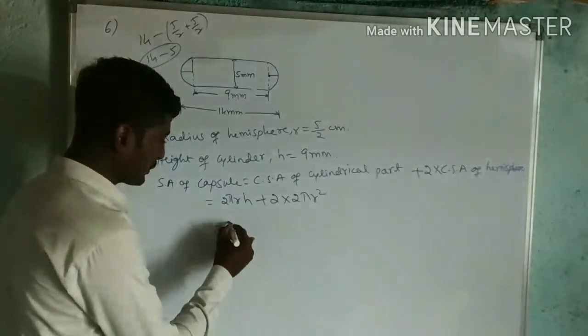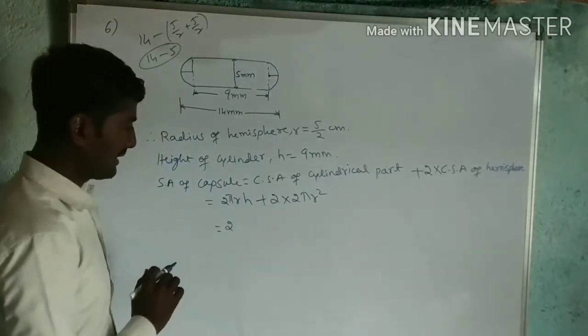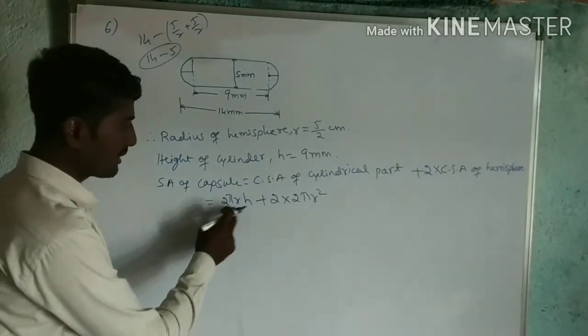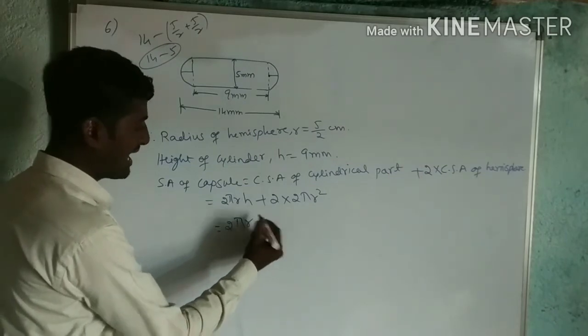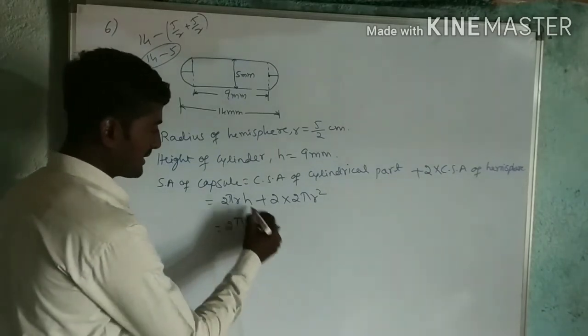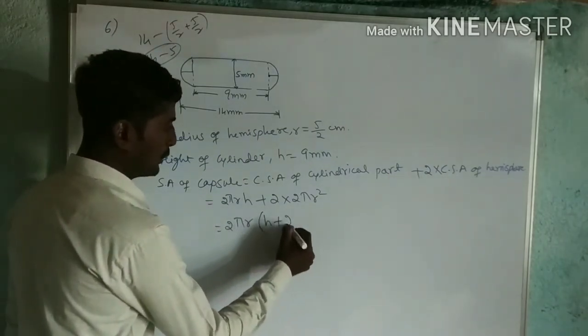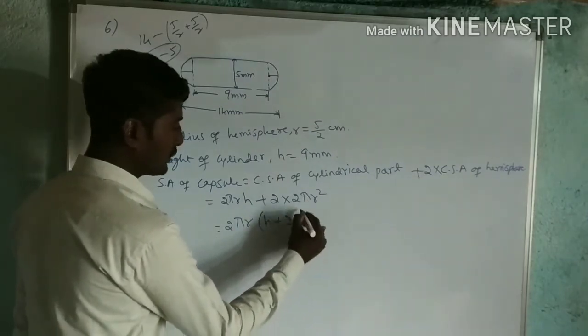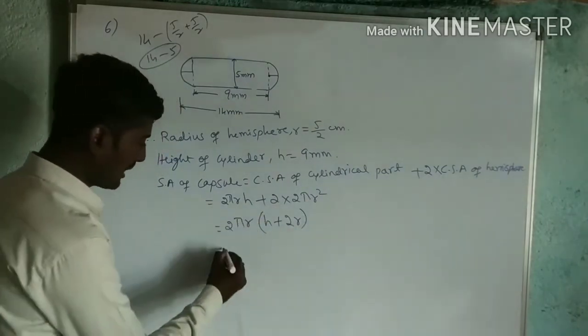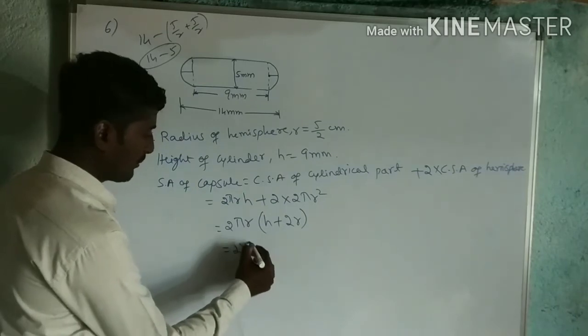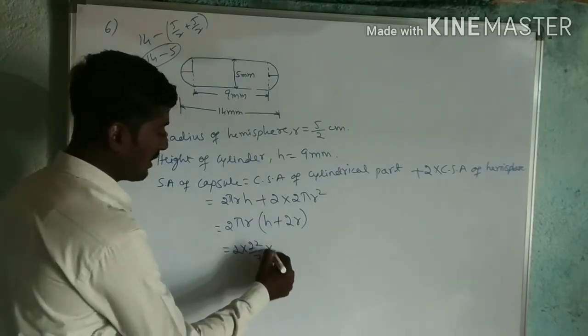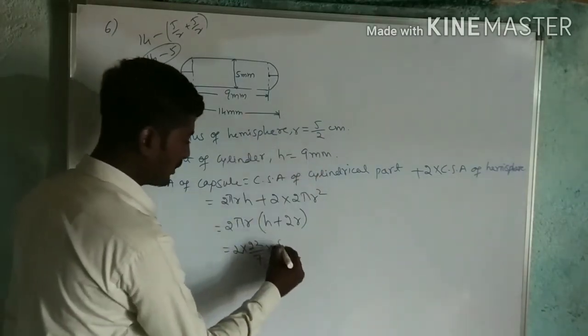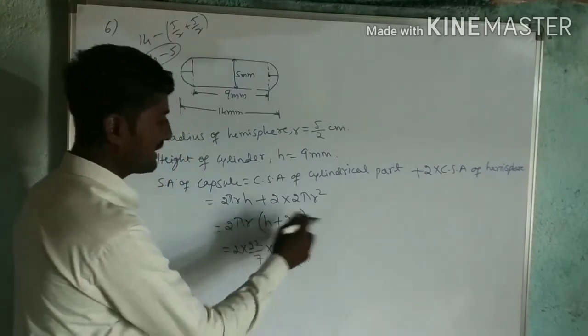Now this is equal to 2 pi. Let us take something common here. I can take 2 pi r common. So inside, h plus, with 2 pi r taken outside, 2r. Now you can substitute the values. 2 into pi value, which is 22 by 7, r value is 5 divided by 2, into h plus 2r.